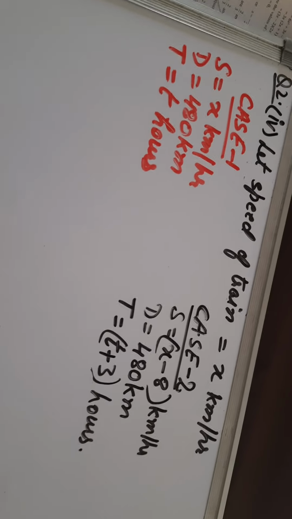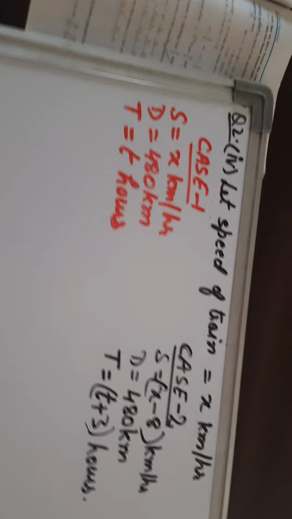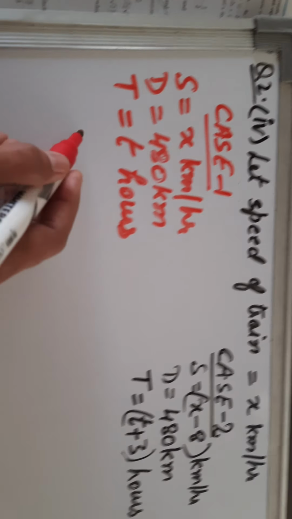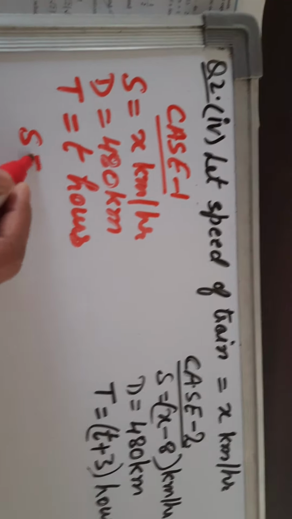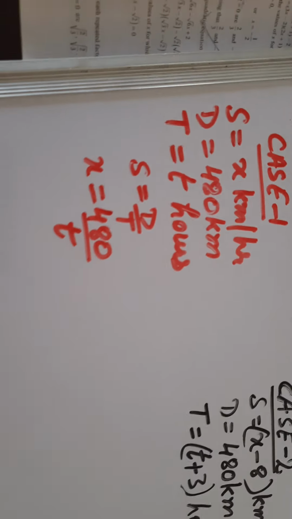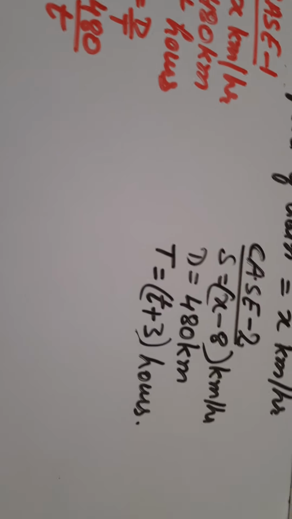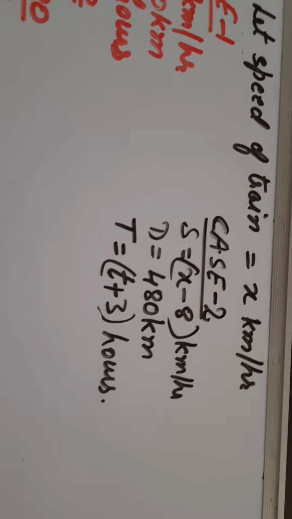And as I told you earlier, whenever they talk about the speed, we have to use the formula for speed. Speed is equal to distance upon time. So speed x in the first case is equal to distance 480 kilometer upon time t. Now let us see the second case.